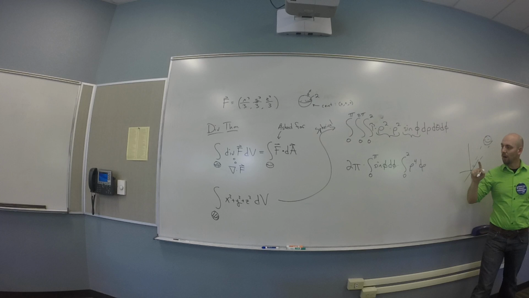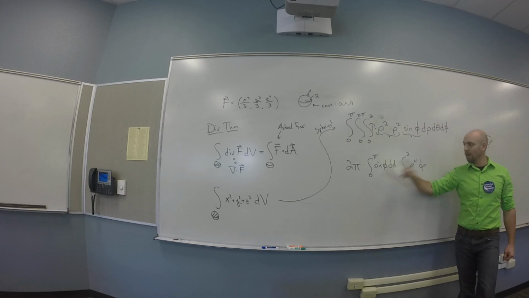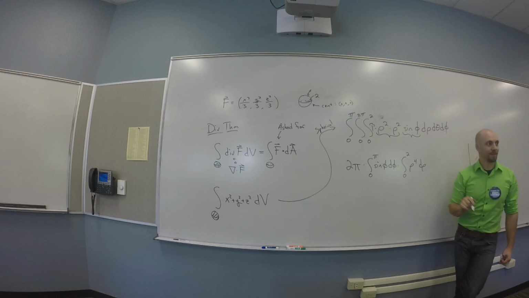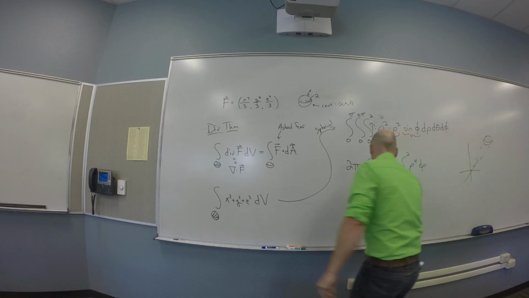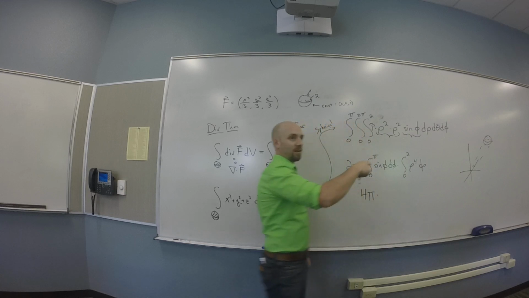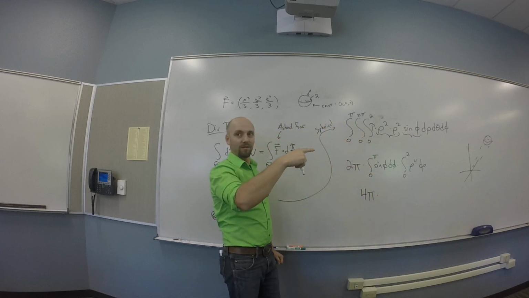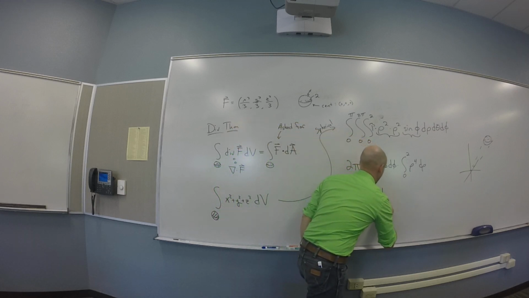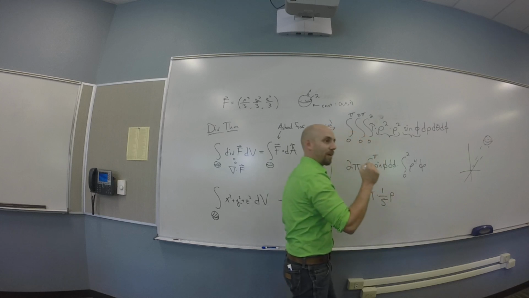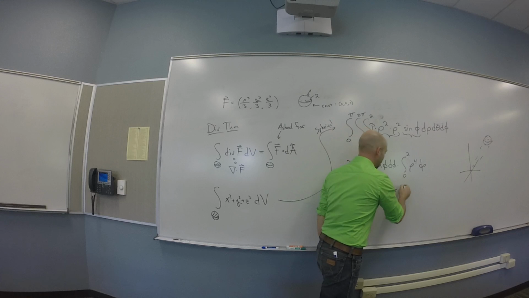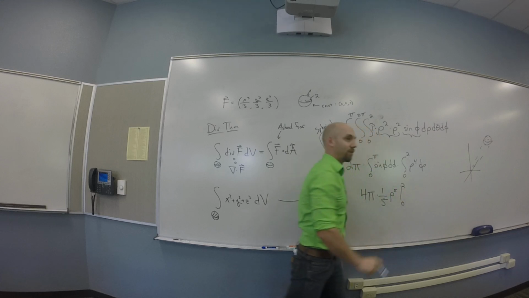Okay. What's the integral from 0 to pi of sine of phi? 2. So I get 4 pi times the antiderivative of rho to the 4th, which is 1/5 rho to the 5th, and then you're evaluating from 0 to 2.